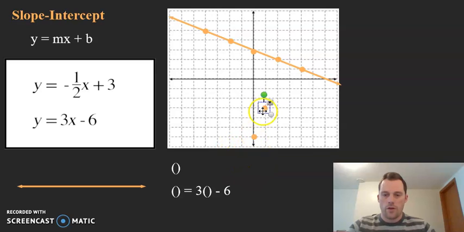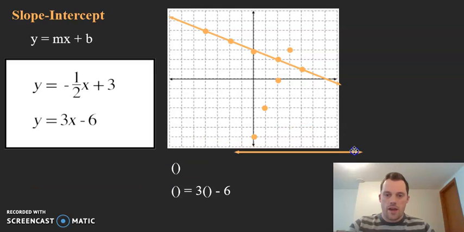I run out of room here, so this one, I can really only go up and to the right. One more. Now make sure when you're graphing by hand, you're very clearly showing where your points go.